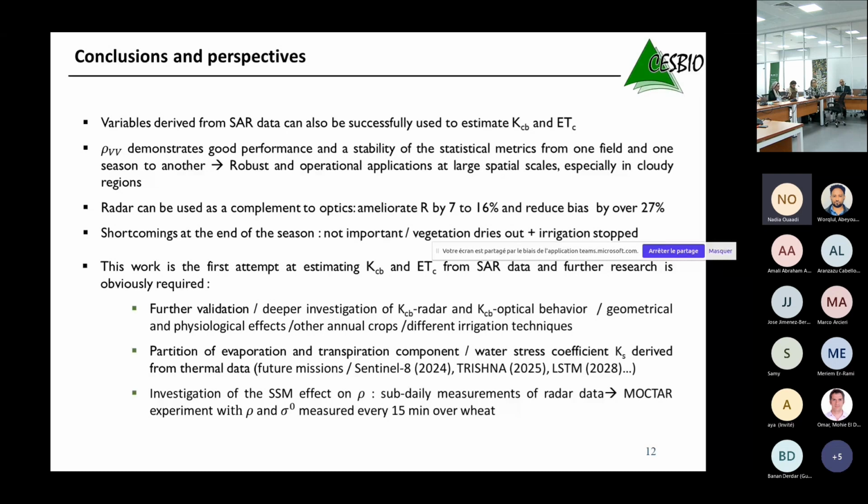It is also required to extend the validation and to test over other annual crops and using different irrigation techniques.